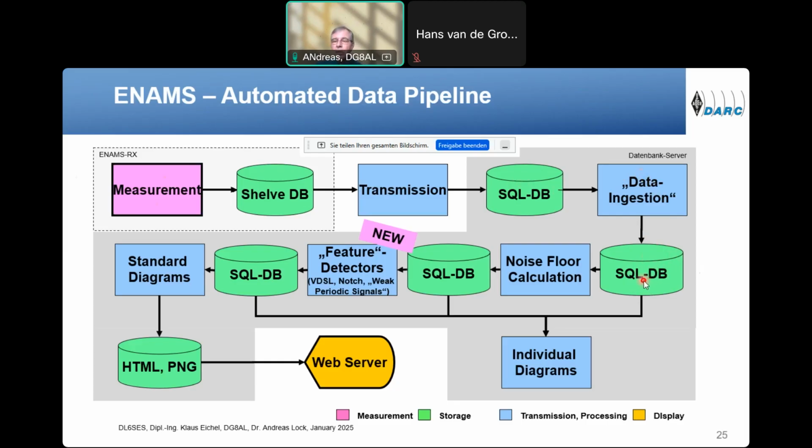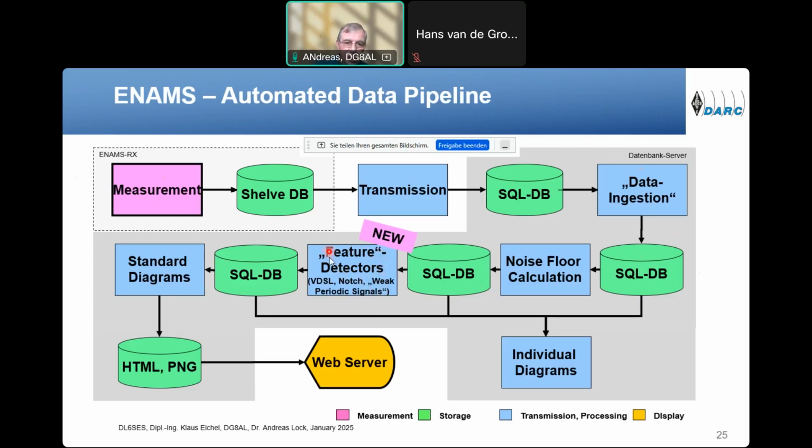And every hour, when we have received all the data from all the stations, we do the noise floor calculation and put the result again in the database, because then evaluation goes faster. And after that, we apply so-called feature detectors, and I will explain later what this means.